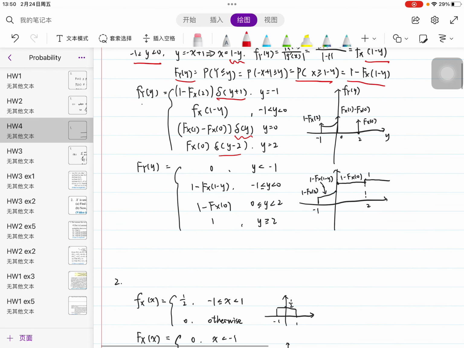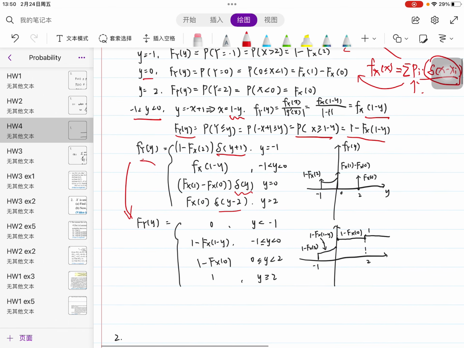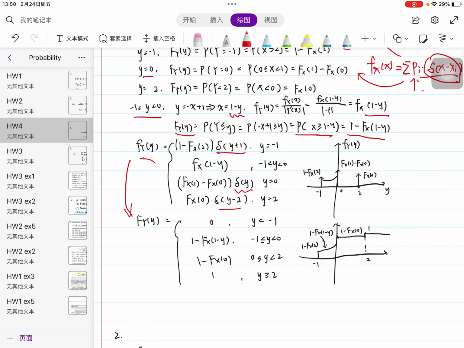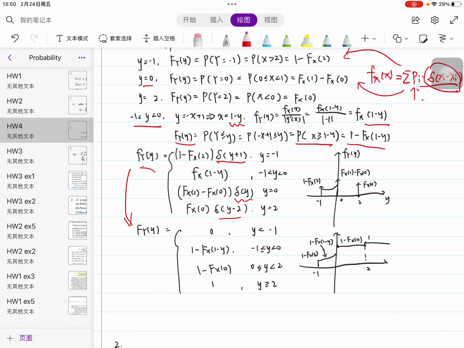For the distribution function, we can use the integral to get the distribution function from the density function here. When Y is smaller than -1, that is 0, right? And for Y between -1 and 0, we could use the integral.